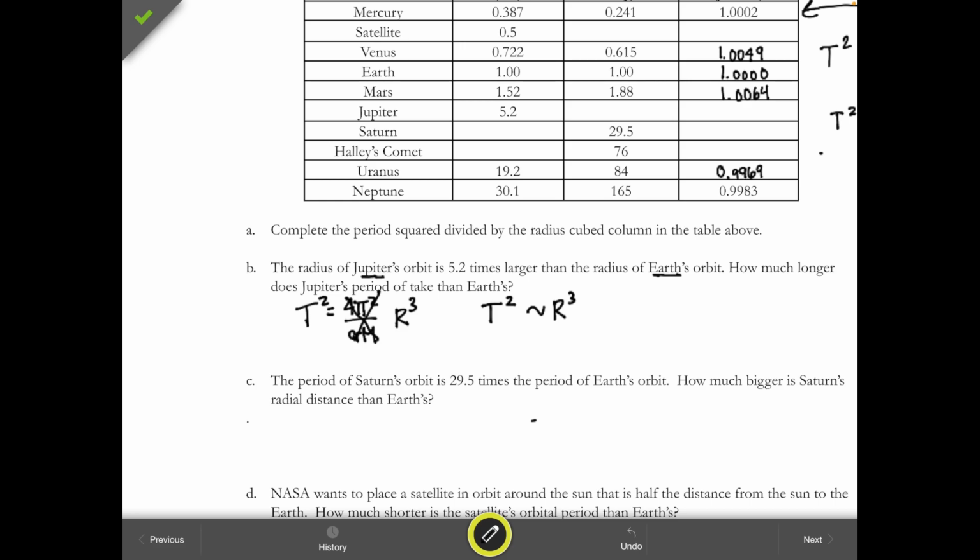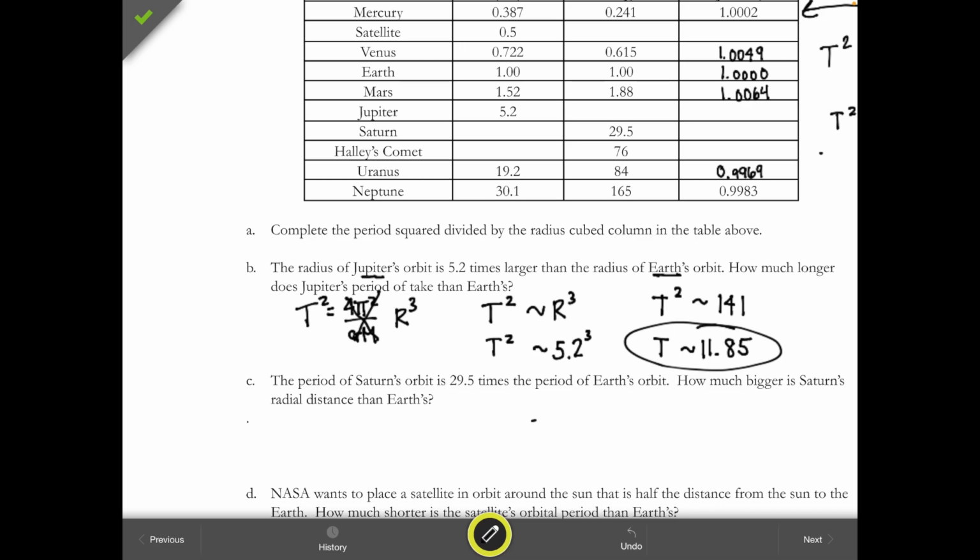In this case, r is 5.2 times larger. So that's 5.2 to the third power. So t squared is proportional to 141. Taking the square root of that gives me t is 11.85. Now I didn't put units here because it's a comparison.